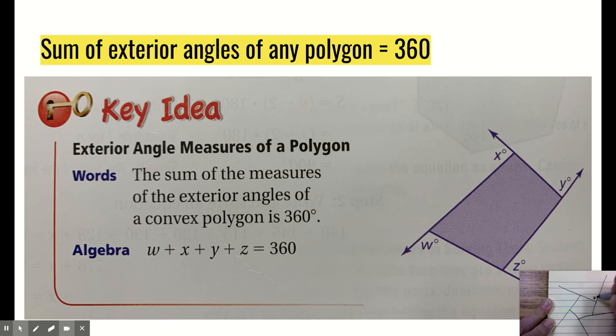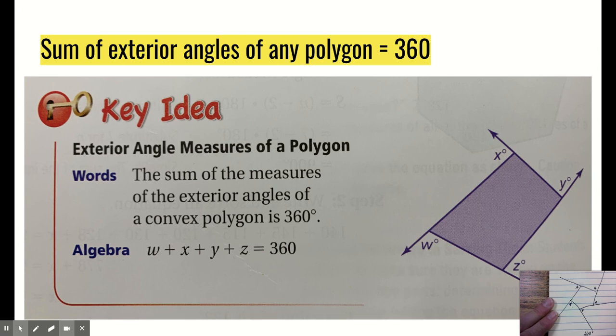These exterior angles are formed by extending the lines of the sides. These are called exterior angles, okay? Now, if we add all of these up for any polygon, it is going to equal 360 degrees.